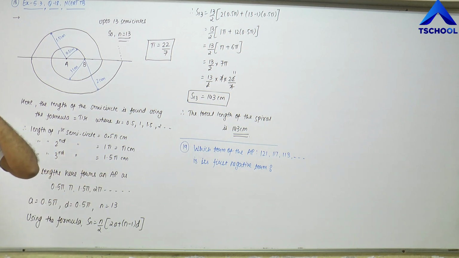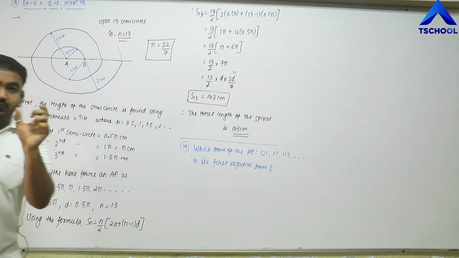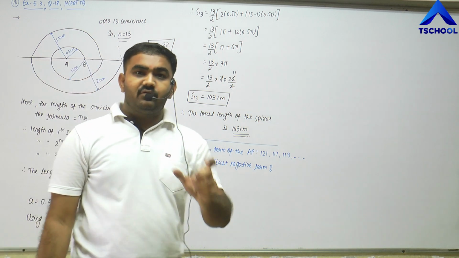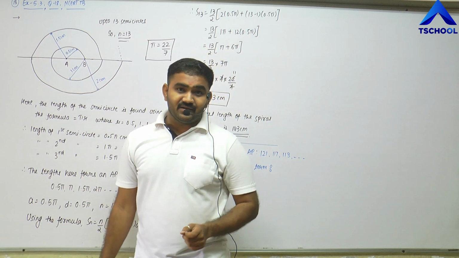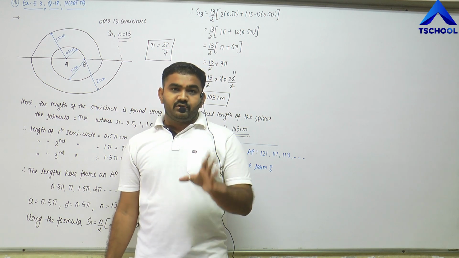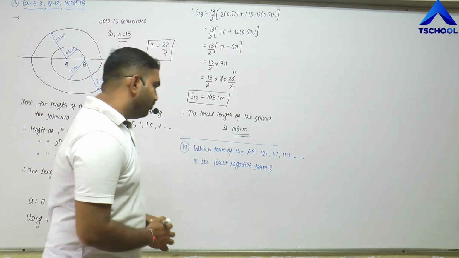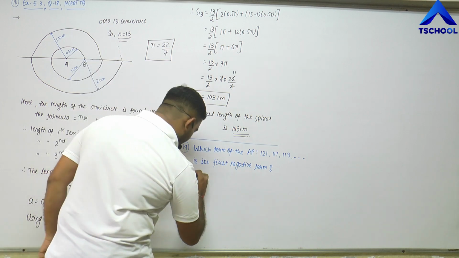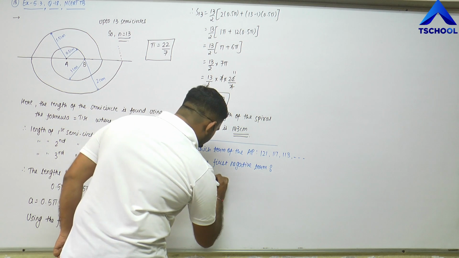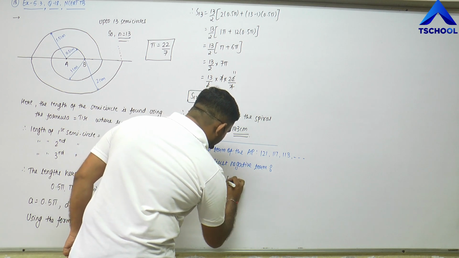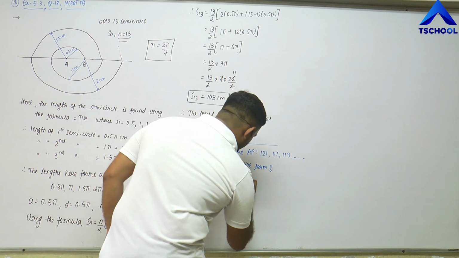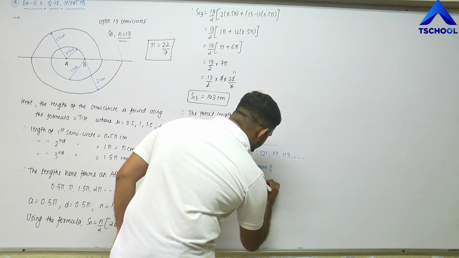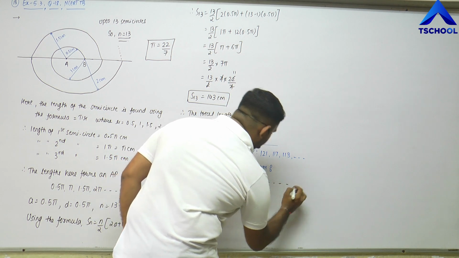We need to find out which term, that means the value is not to be found, but we need to find the n for which the term is negative. So what we are going to find is n. Here the given AP is 121, 117, 113 and so on.